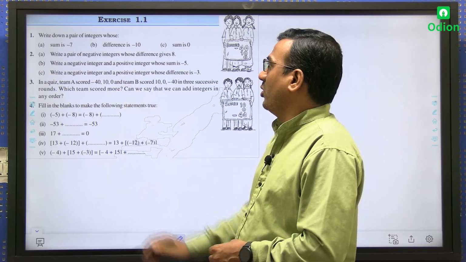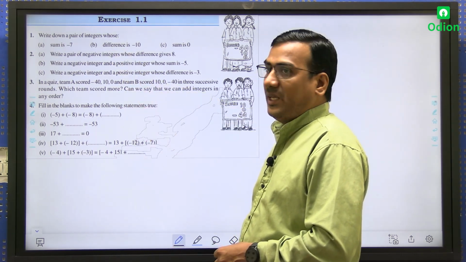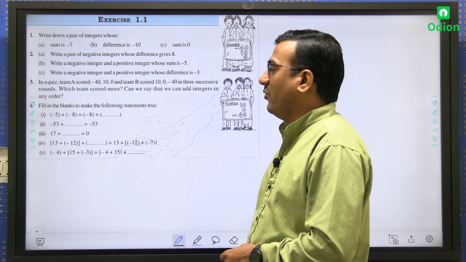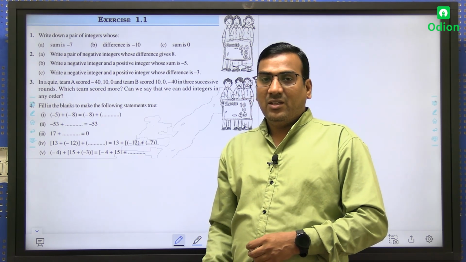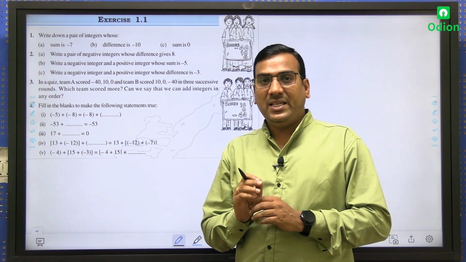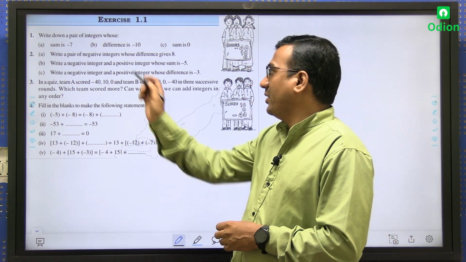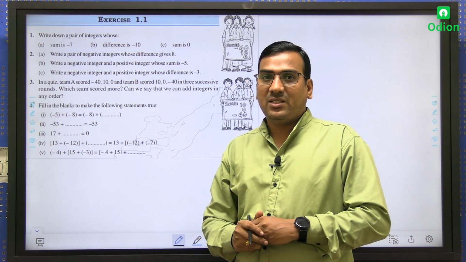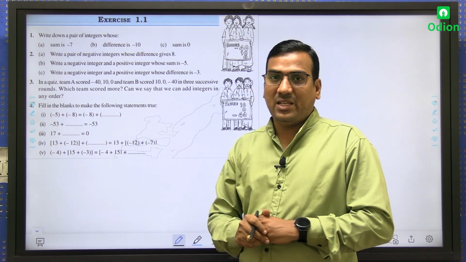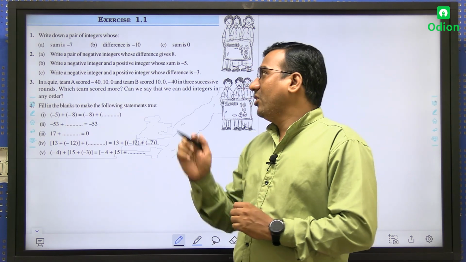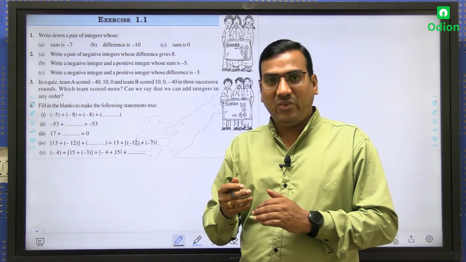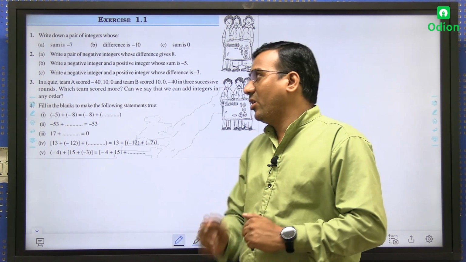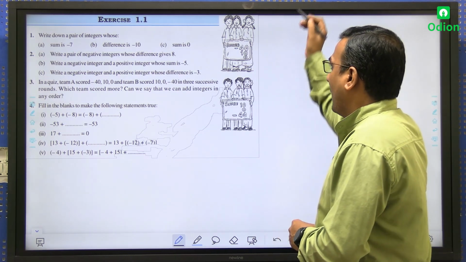Okay students, let's go to solve this. Point number B, it is asked about the difference, -10. Then the simplest logic you have to use for this question: the difference is -10. When you see the question is given about differences, you have to use a shortcut trick. What is the trick?